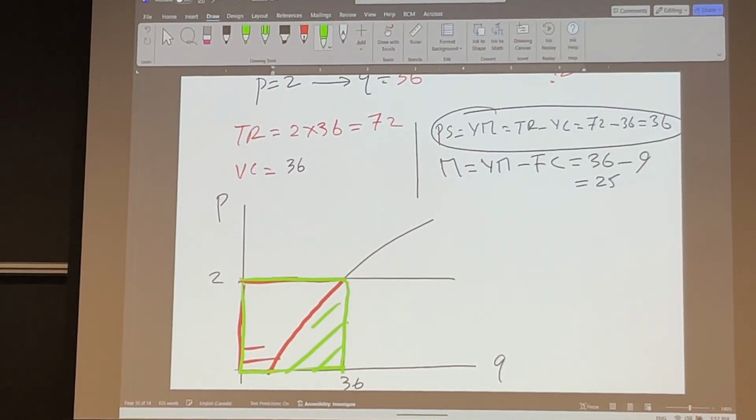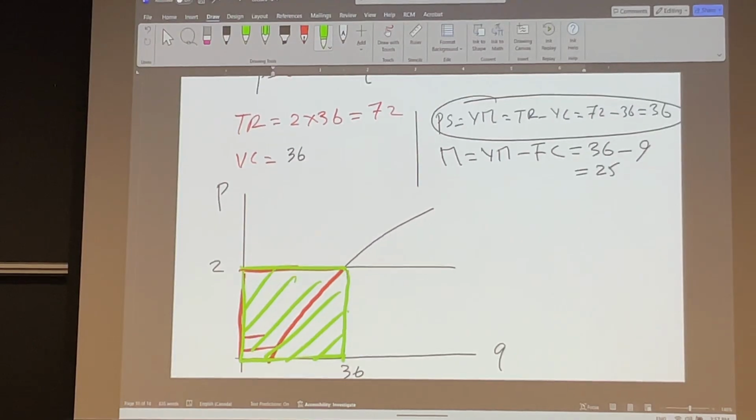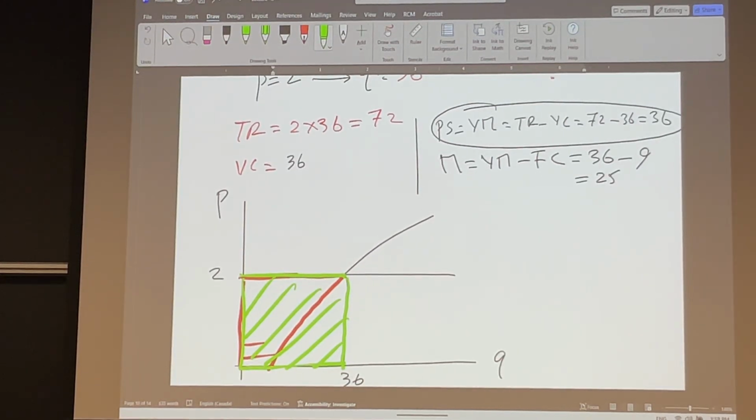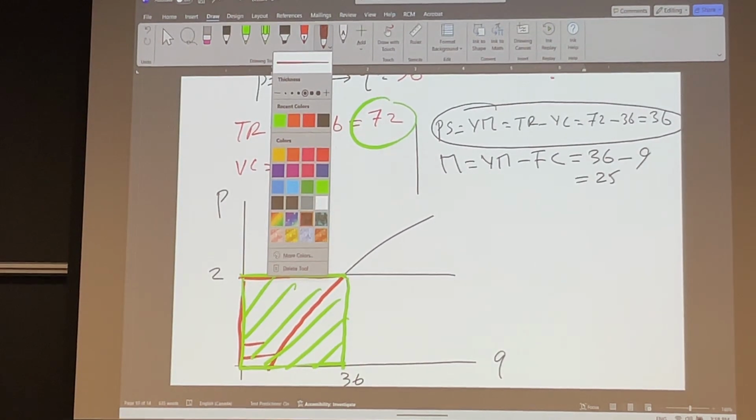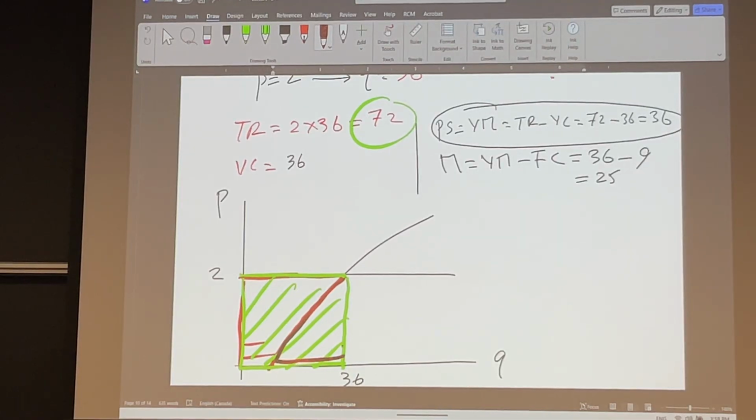What is that green area? That's the total revenue. So I got the total revenue, that's the green area. Then I had a formula for this. What is this area?